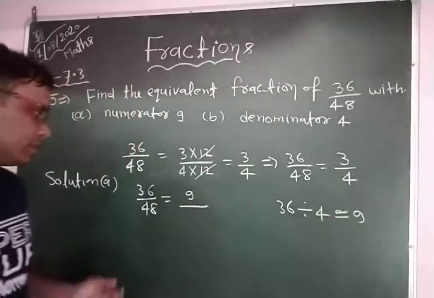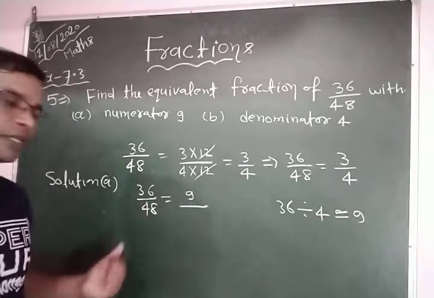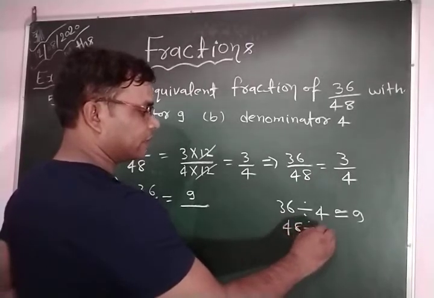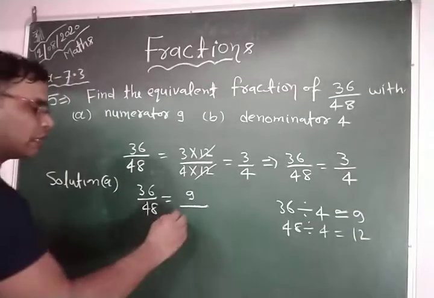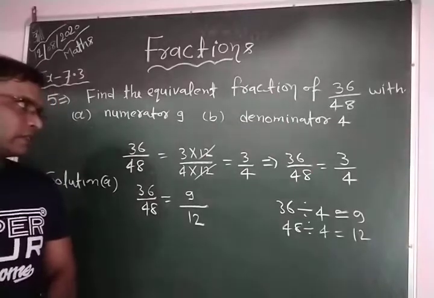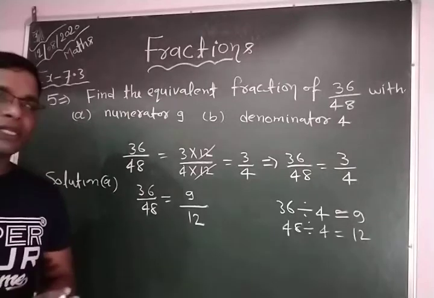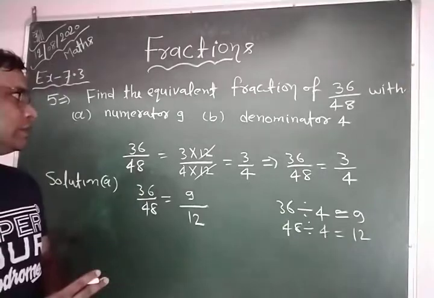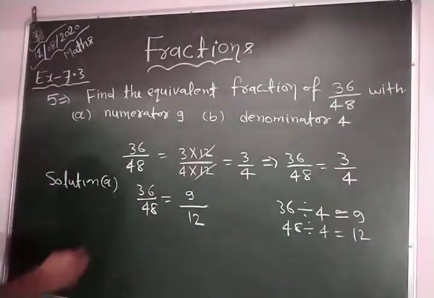The same number we divide 48 by: if you divide 48 by 4, the same number, we obtain 12. So our required equivalent fraction is 9 by 12. This is the equivalent fraction of 36 by 48 whose numerator is 9. And this is B part.